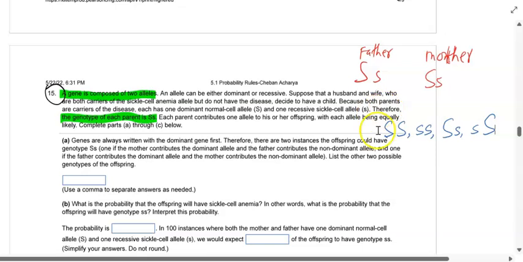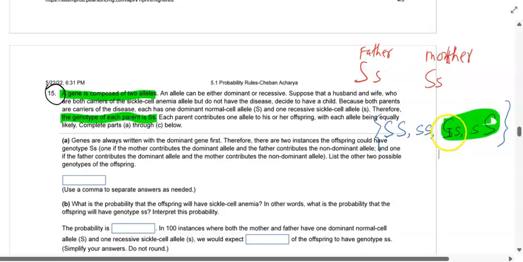Pretty much this is the sample space here, and the first question says list the other two possible genotypes of the offspring. Remember the four possible genotypes here. Two instances the offspring could have genotype SS, and you see these two cases.